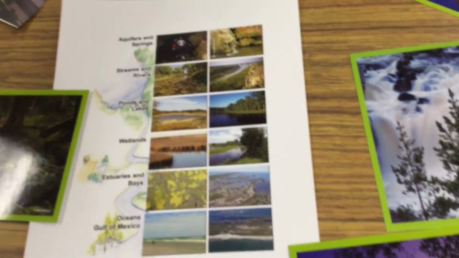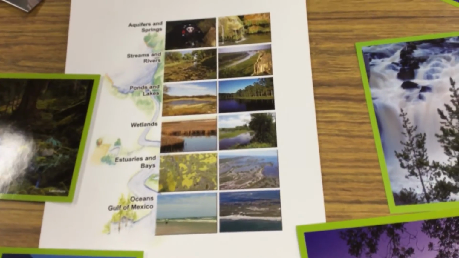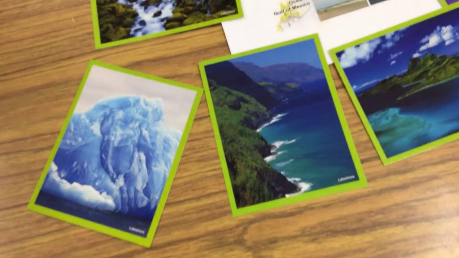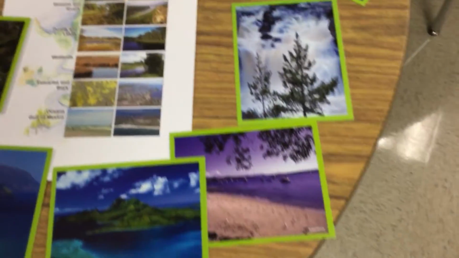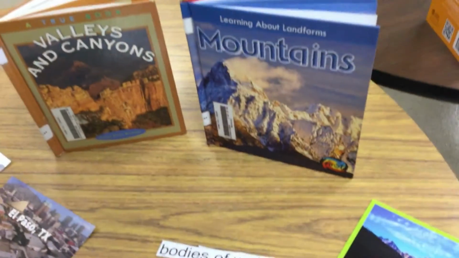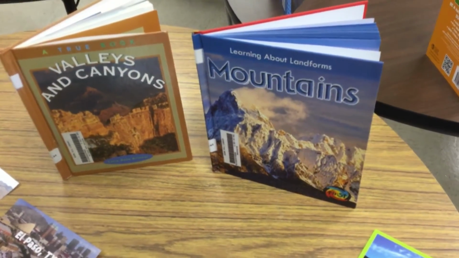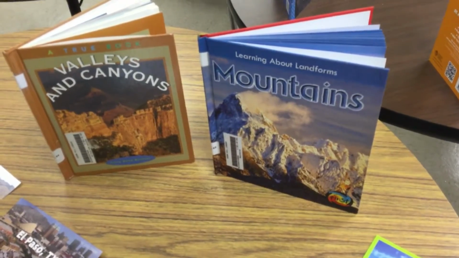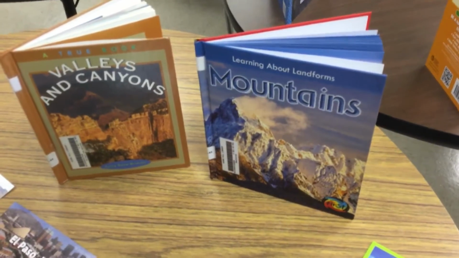And these are some bodies of water that you may see in El Paso. Some more bodies of water. And then different landforms you may also see in El Paso, which are valleys and canyons and mountains.